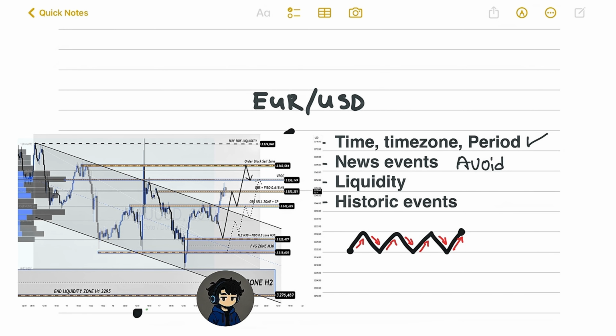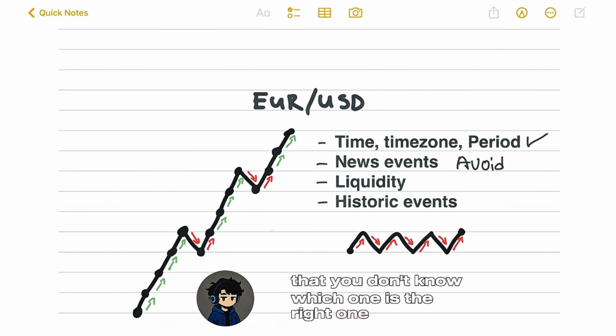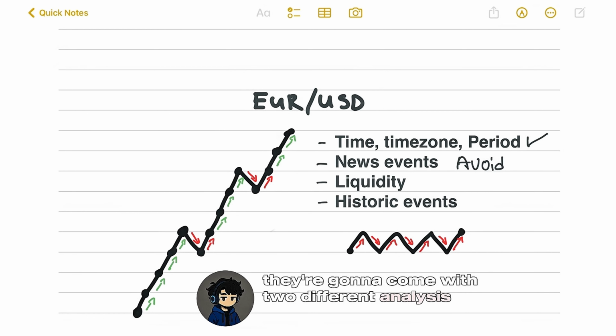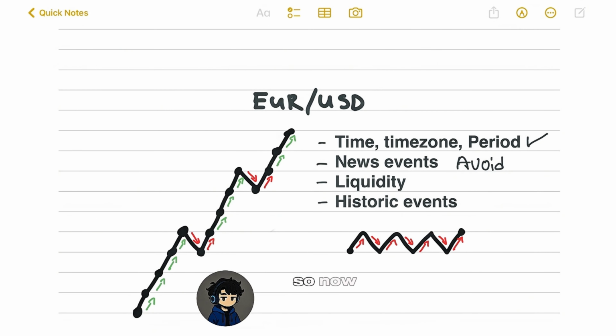I don't know if you understand, but there are so many things at play that you don't know which one is the right one. Give two traders the same chart to analyze. They're going to come up with two different analyses that seem valid. So which analysis is valid for those two? So I do not concern myself with these two.